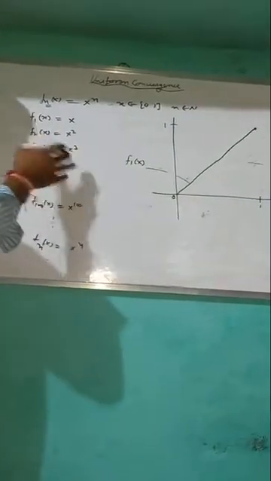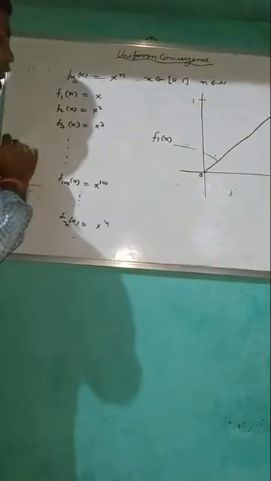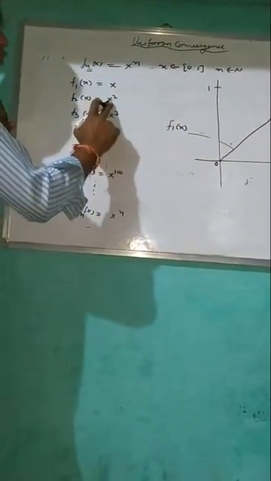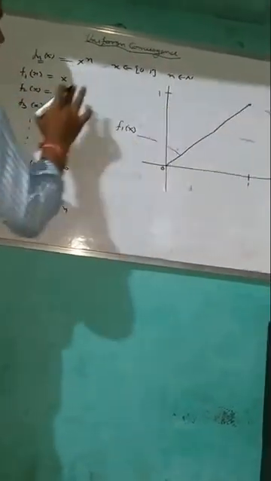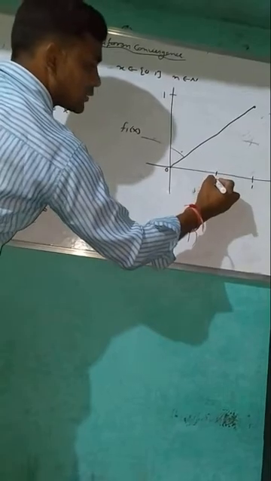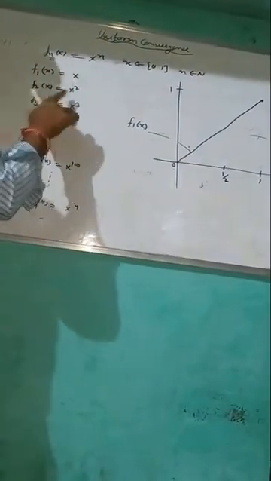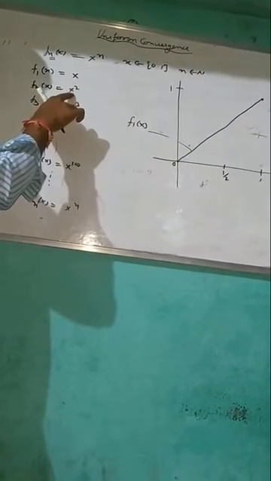And in case of the second function f2(x) equal to x square, suppose that x equal to 0, then this is 0. When x equal to 1, because the interval is 0 to 1, then it is equal to 1. But when we take a point in the middle of this interval, 1 upon 2, then when x equal to 1 upon 2, this is 1 upon 4.